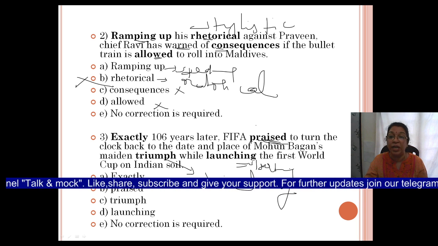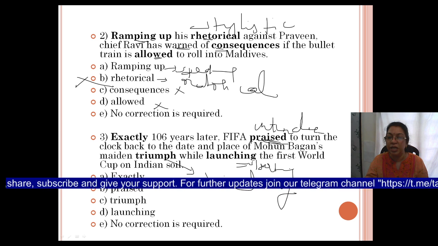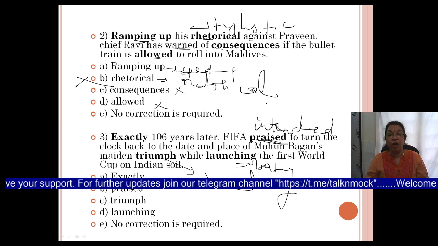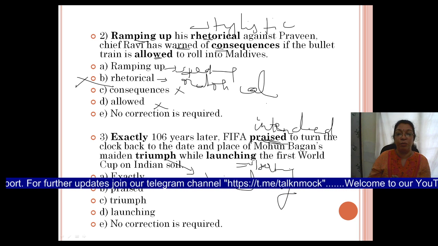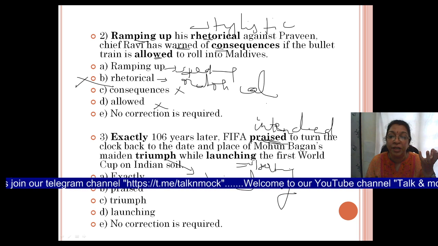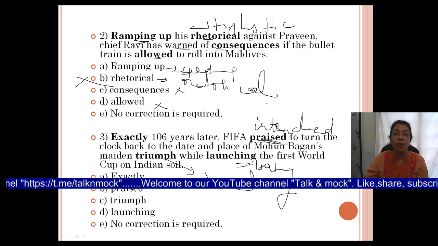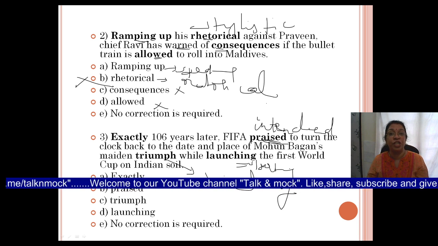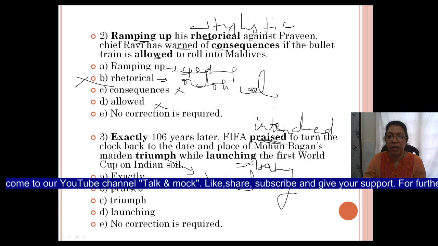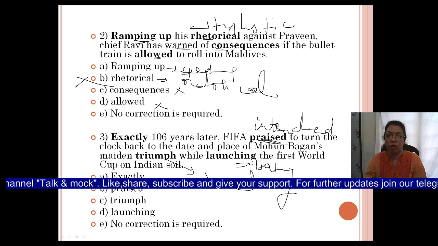So it intended to turn the clock, or FIFA brought the notice to turn the clock back, or pointed out to turn the clock back. So it wants to get the attention about the old triumph, that is the maiden triumph of this person while launching this.